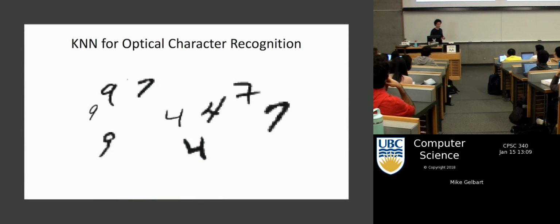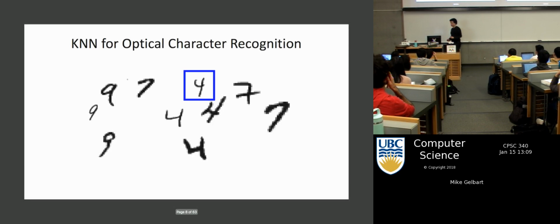And so you could imagine these digits living in a two-dimensional space. I mean, they really live in a higher dimensional space depending on the number of pixels, but just as a way of visualizing what KNN is doing, you could imagine this was your training set, and you know the correct answers for all of these, and then someone gives you this new image and says, hey, can you classify this new image?